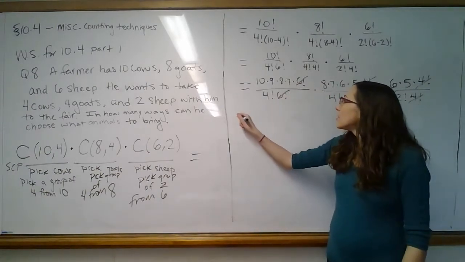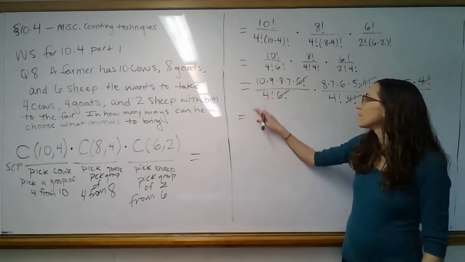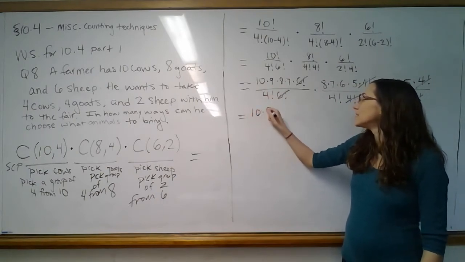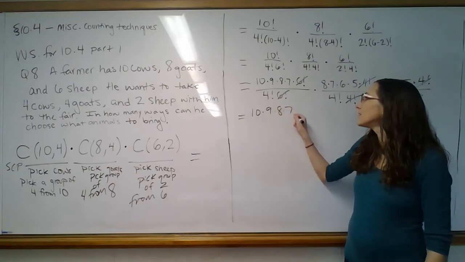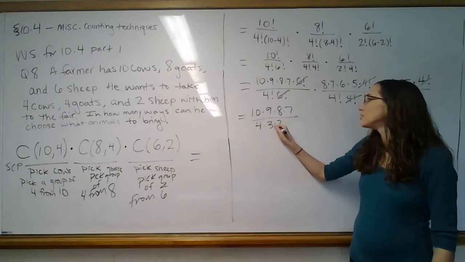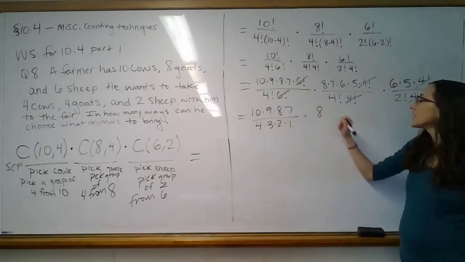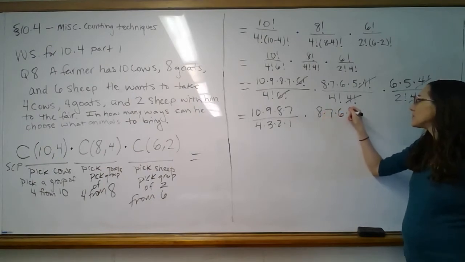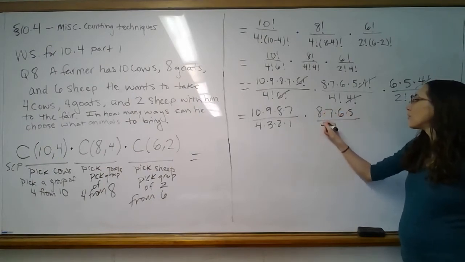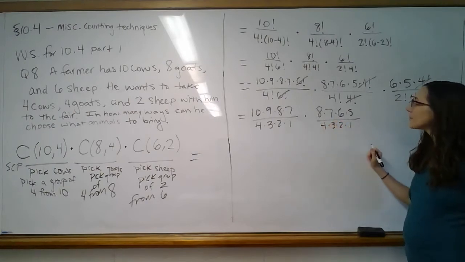So then writing out what those look like, we've got 10 times 9 times 8 times 7, over 4 factorial, which is 4 times 3 times 2 times 1. And then we're left over here with the goats with 8 times 7 times 6 times 5 over 4 factorial, which is also 4 times 3 times 2 times 1.